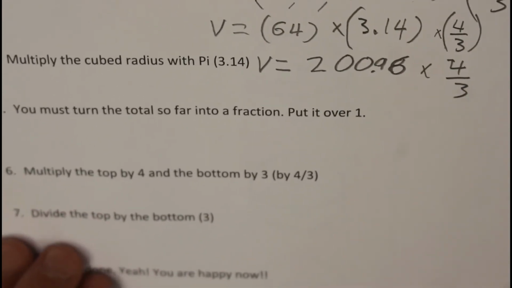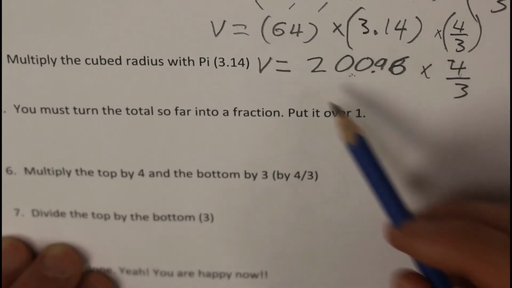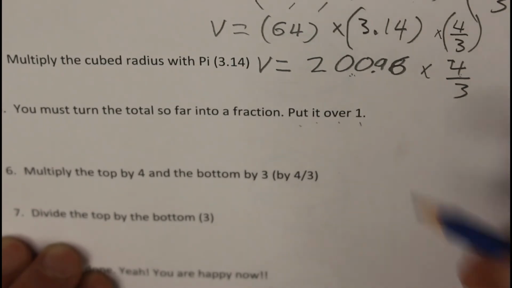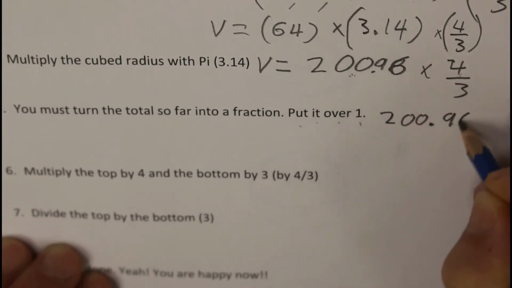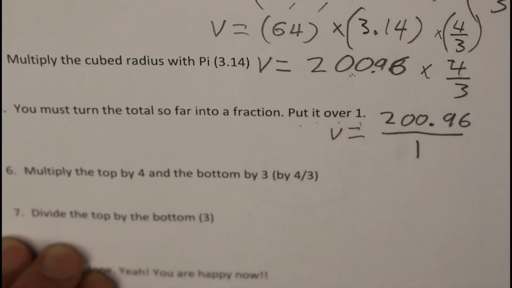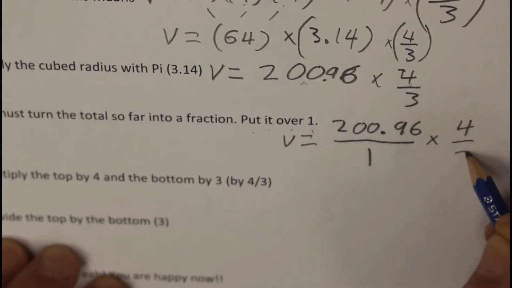Okay, so now we have to multiply fractions. People are going, oh, I hate this. Don't worry, don't hate it. Because we just need to turn this into a fraction to multiply with this fraction. And if you have a whole number, to turn into a fraction, you just put it over 1. So that becomes 200.96 over 1, you can always keep doing that, times 4 over 3.